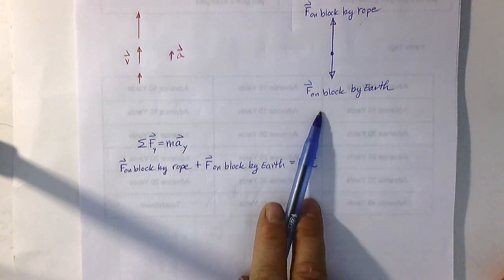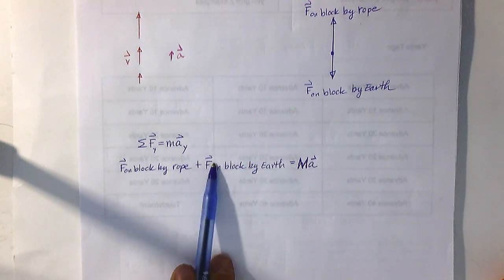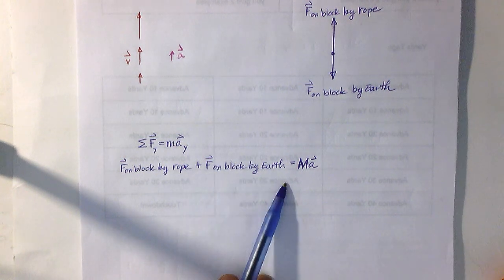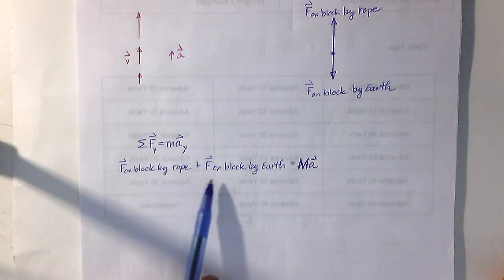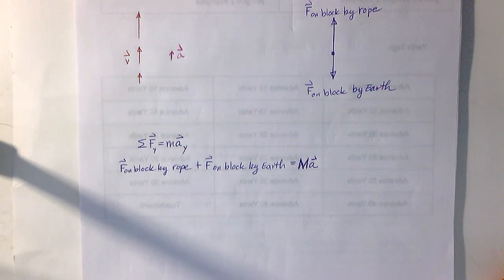Yes, the force is going down, but notice I'm adding the vector. This vector sign tells me that this is going to have a magnitude and a direction inside of it. What does summation mean? It means we're adding them together. So we have to add the forces together. Now, once we've replaced the vector sign with magnitude and direction, that's when the negative falls into play.